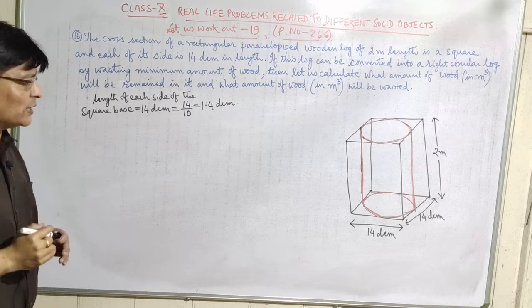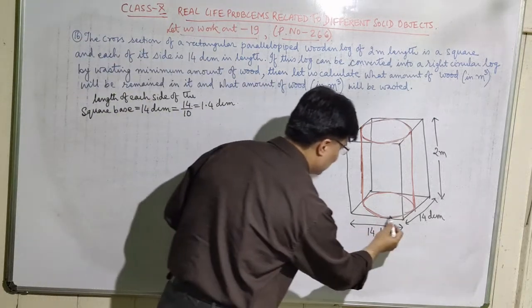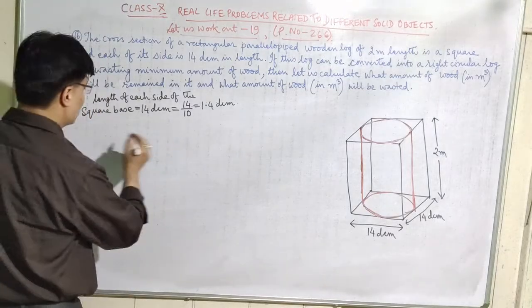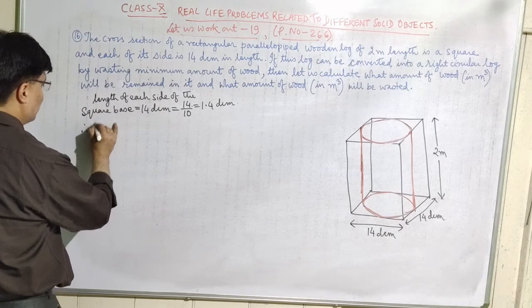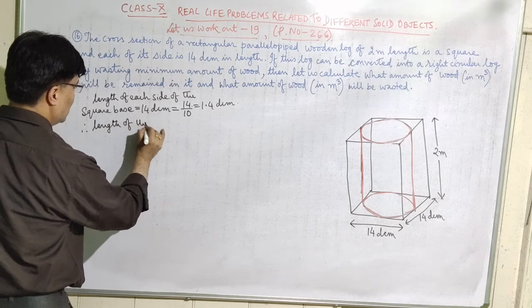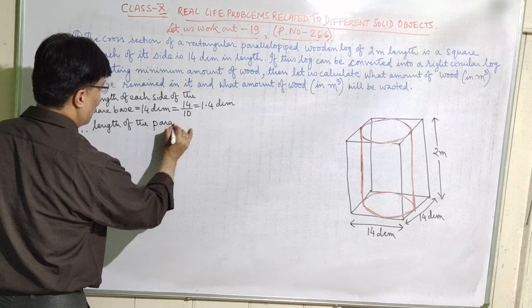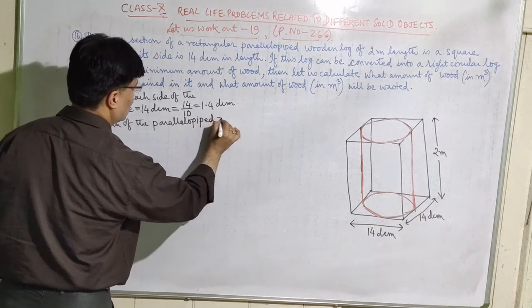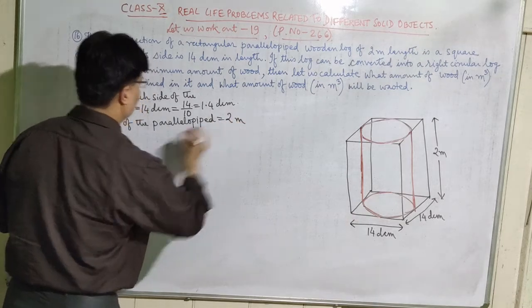So I think you have understood it. This is just like your length into breadth. And what is the height? The length of the parallelepiped is 2 meter.